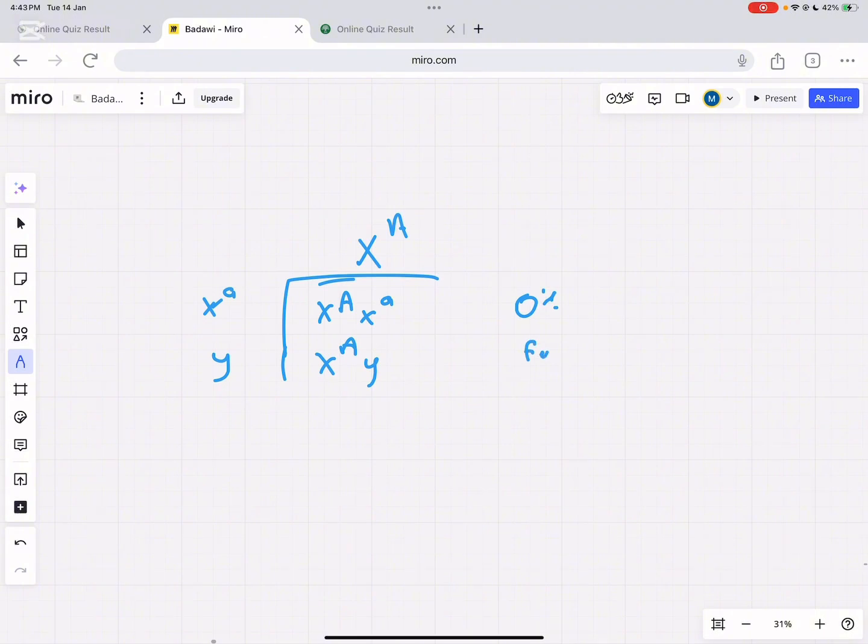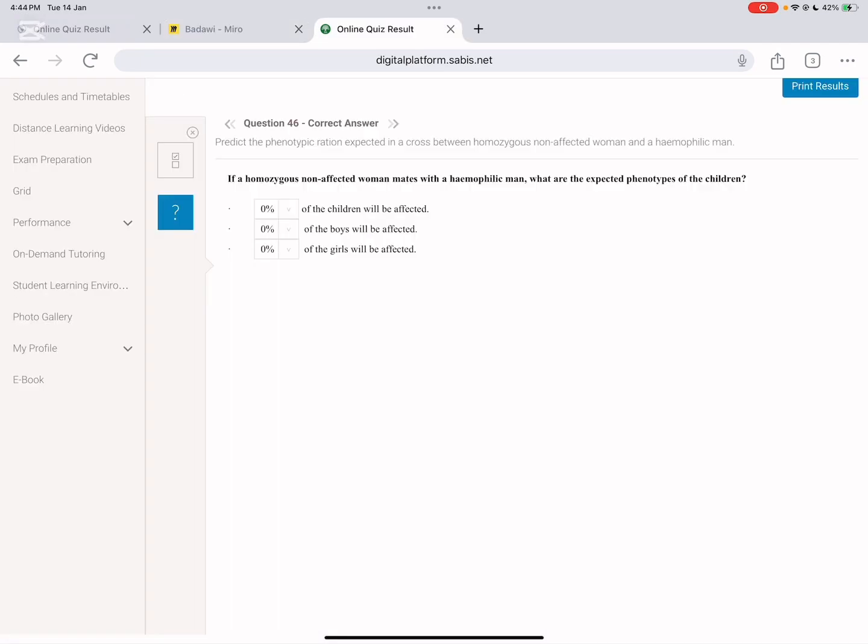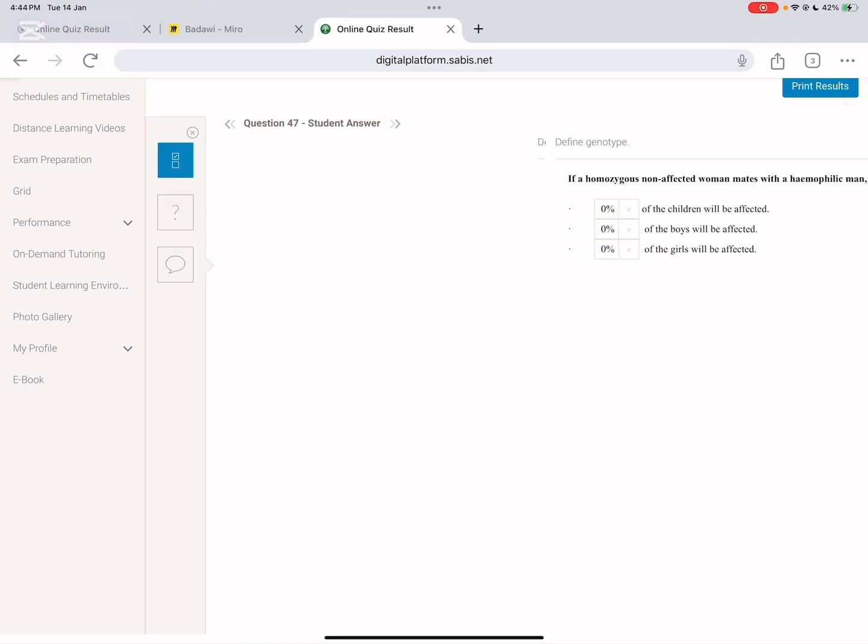The female will be a carrier, but not affected, remember, and the male will also be unaffected. So 0% of the boys will be affected, 0% of the girls will be affected.